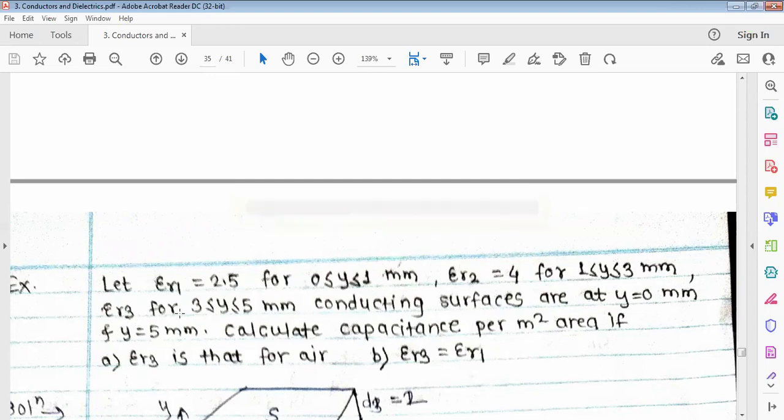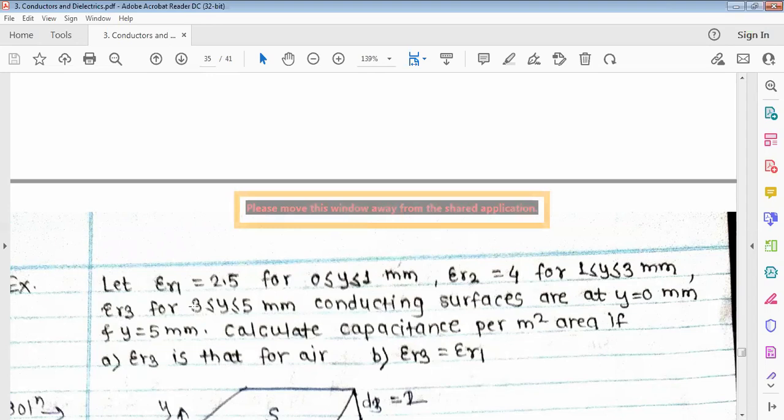And epsilon r3 for 3 to 5, means y will vary from 3 to 5. That time this epsilon r3 we have to find here, I think. So epsilon r3 for 3 less than or equal to y less than or equal to 5 mm.